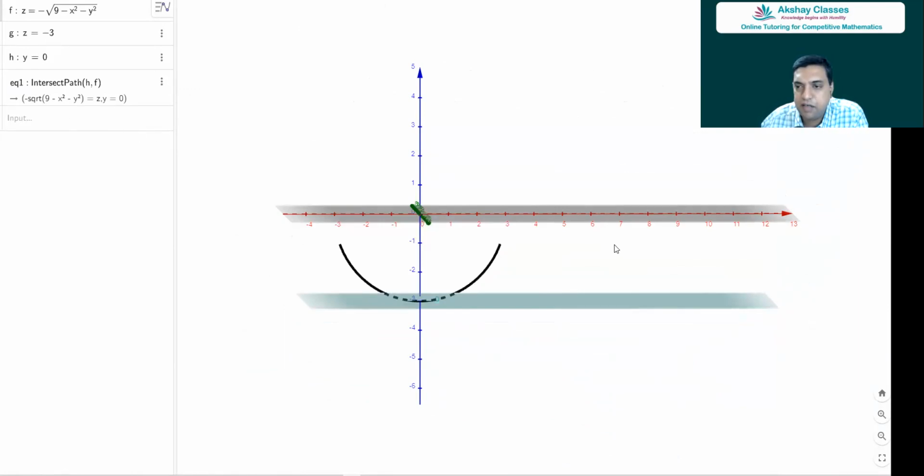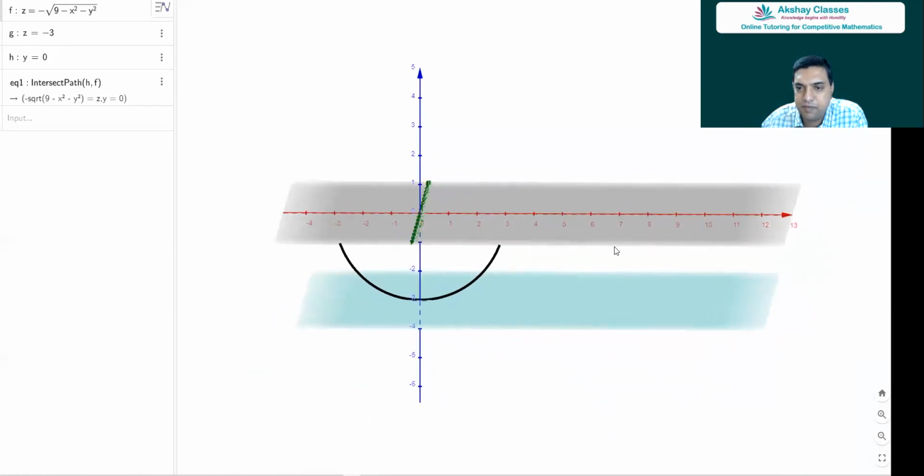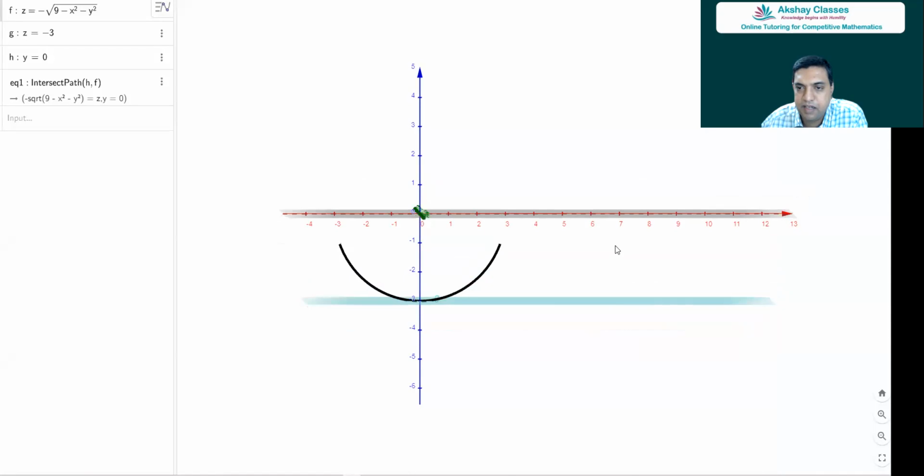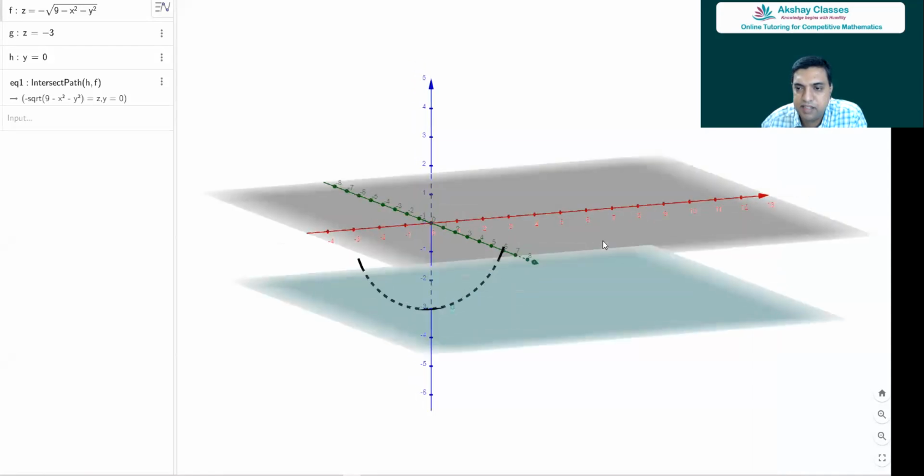So the intersection path of the curve and the plane is this. Okay. This is the intersection path. So along this curve x is changing, and z is changing, y is constant. So what we get is dou z by dou x, or dou f by dou x, is equal to 0 at this point. Okay, that is the intersection path.